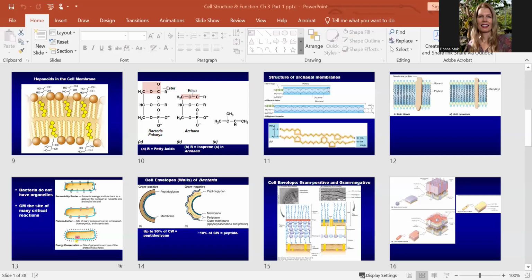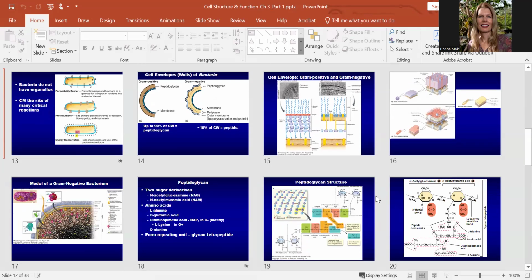Let's go to cell structure and function where the peptidoglycan material is. All right.